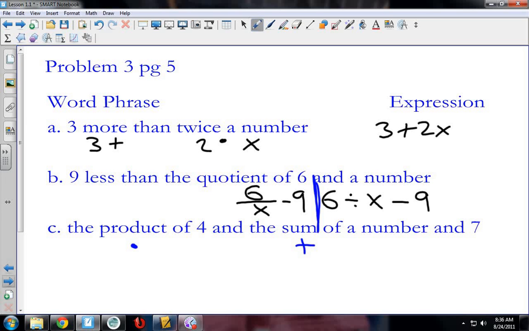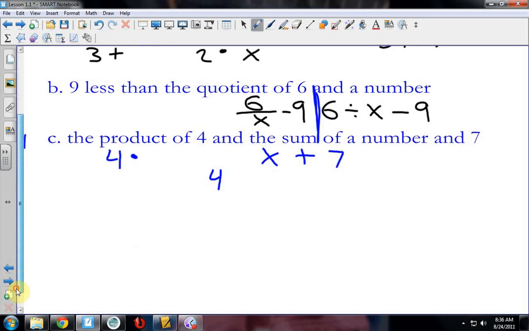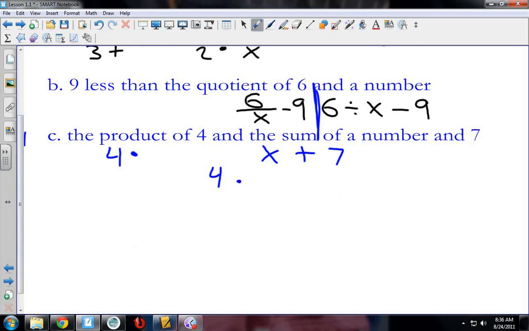So this one we have the product of 4 and the sum of a number and 7. So we have a variable and 7. So we plug this in. We have 4 multiply a number and 7. So it looks like what I want to do is do this 4 times a number plus 7.